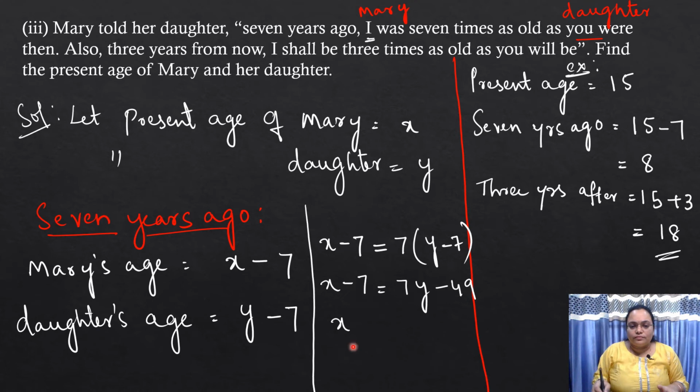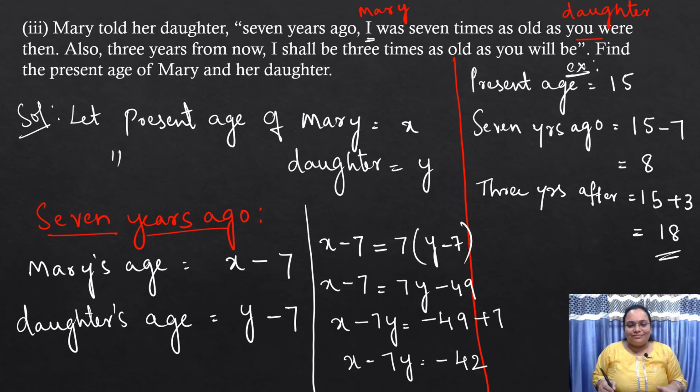Okay. This will be x minus 7y is equal to minus 49 plus 7, which is x minus 7y is equal to minus 42. Okay. So this is our equation number 1.